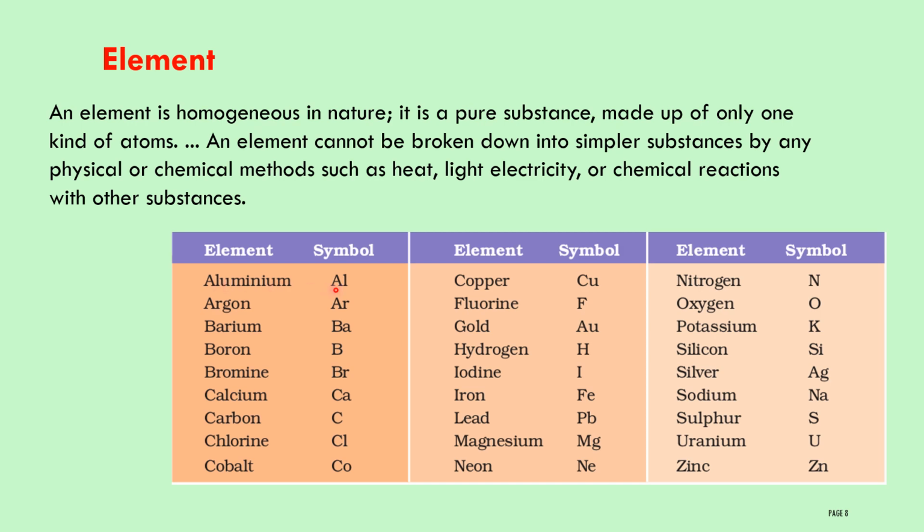Aluminium is indicated by Al, argon Ar, barium Ba, boron capital B, bromine Br, calcium Ca, carbon C, chlorine Cl, cobalt Co, copper Cu, fluorine F, gold Au, hydrogen H, iodine I, iron Fe, lead Pb, magnesium Mg, neon Ne, nitrogen N, oxygen O, potassium K, silicon Si, silver Ag, sodium Na, sulfur S, uranium U, zinc Zn.